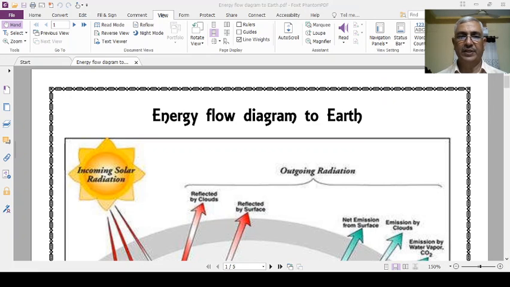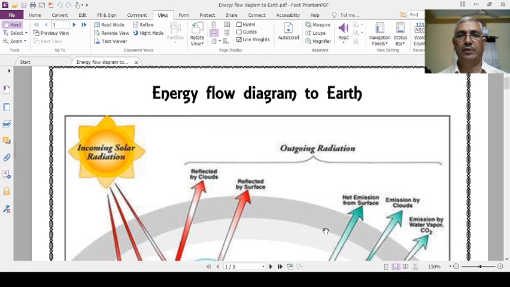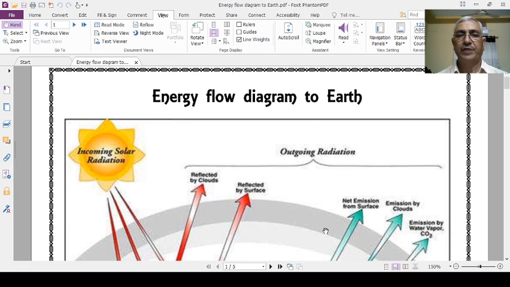The topic is energy flow diagram. In the beginning, we have to say that the sun is the source of energy for the earth.